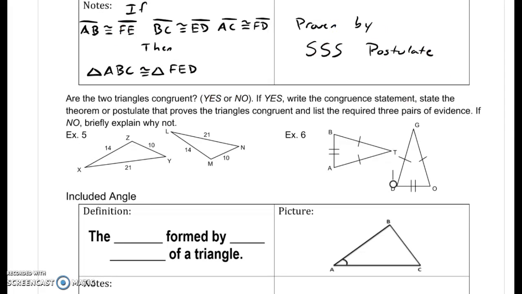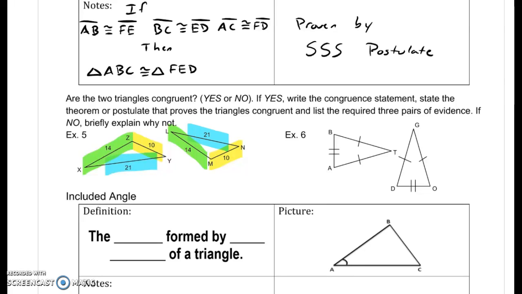So for these 2 examples, it asks us to prove that the 2 triangles are congruent. If yes, it needs us to state the reasons and the congruent statement. So let's start. We have 14 here and a 14 here, 10 and a 10, 21 and a 21.